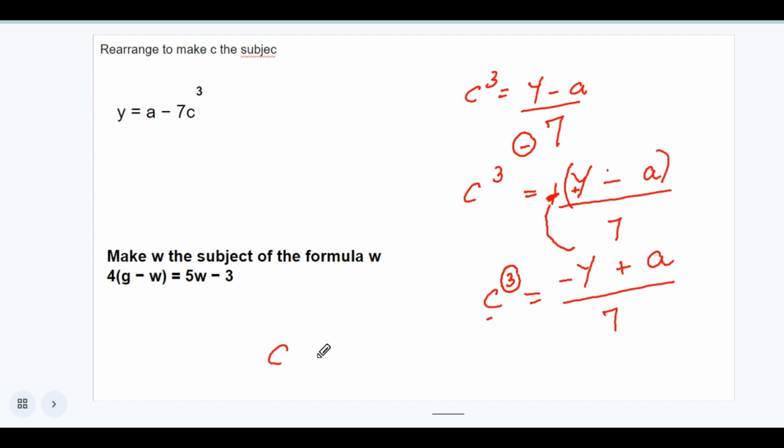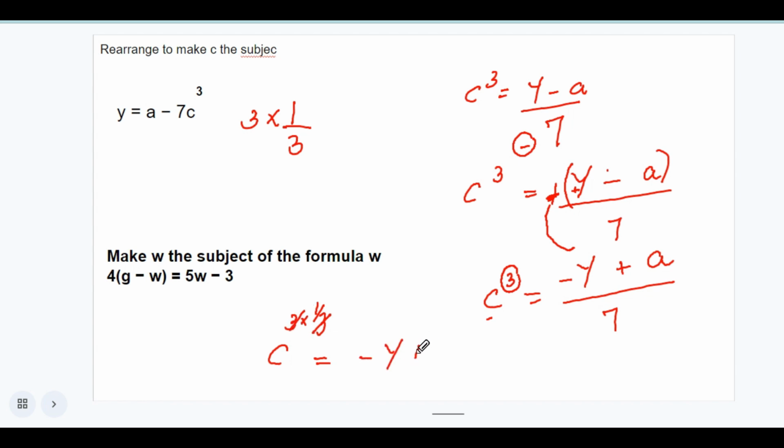So as I already told you, to remove this cube, this power, you need to do the same thing like you do for your multiplication and you divide it by 3. So I am just multiplying my power with 1 by 3. 3 times 1 by 3 will give me an answer equal to 1 in the power.